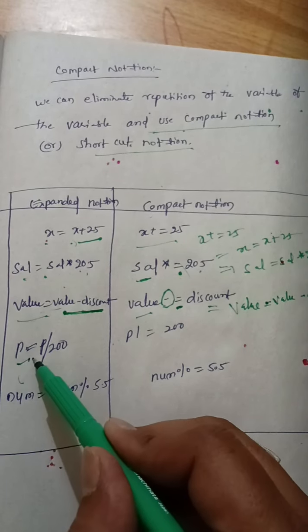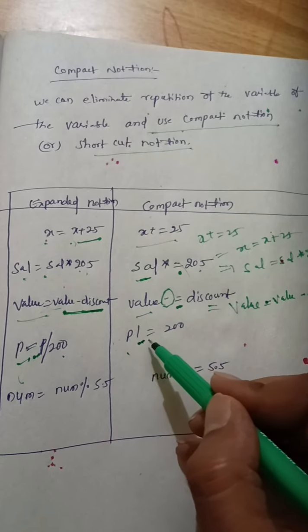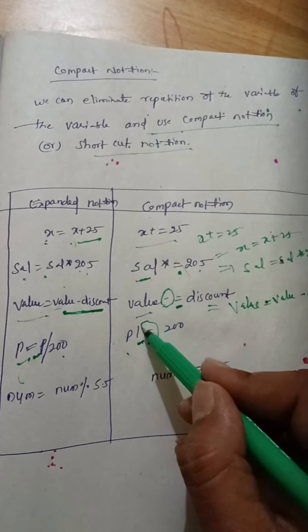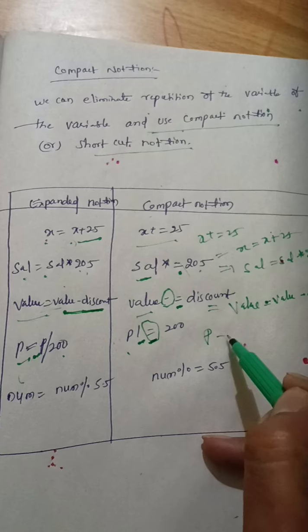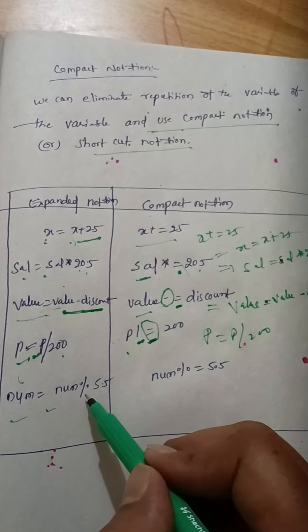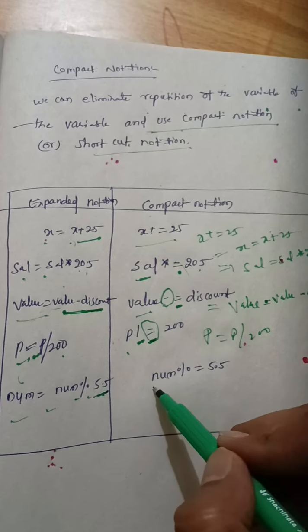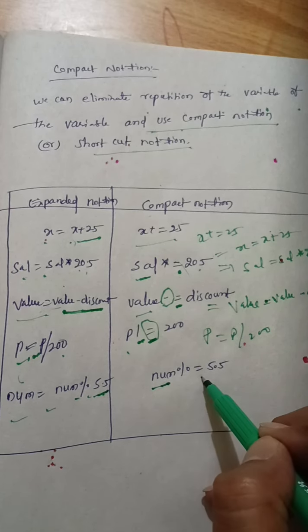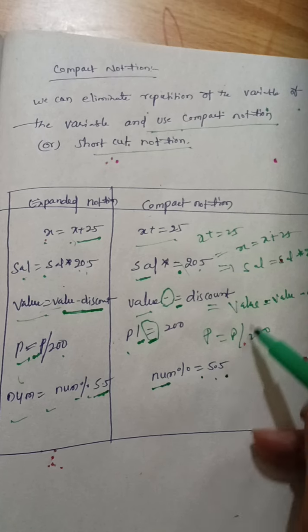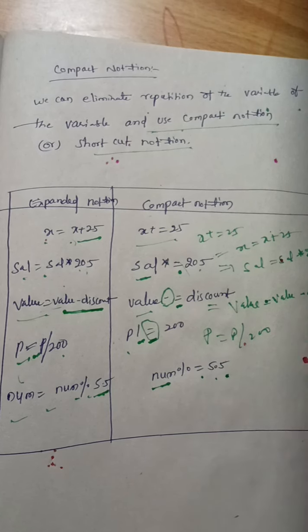How to write it? Use the minus operator with the assignment operator. Then P equal to P divided by 200, where the division operator is also used with the assignment operator. Now num equal to num percent 5.5. How to write this compact notation? Num, percent symbol with equal, 5.5. This is the compact notation. Compact notation means shortcut notation we can write.